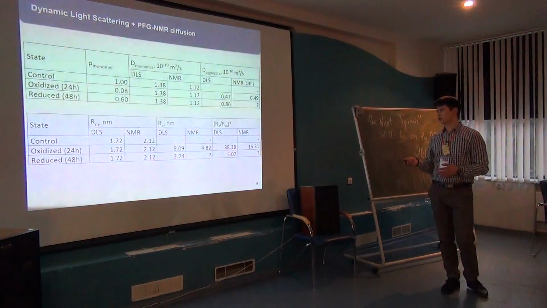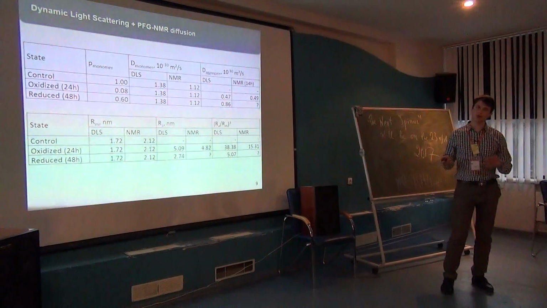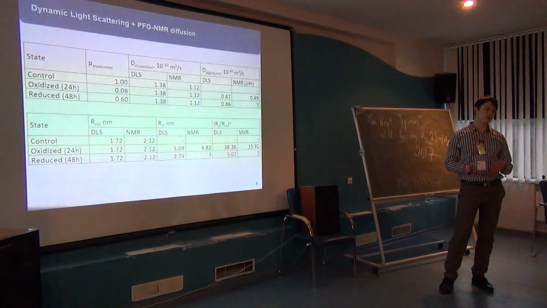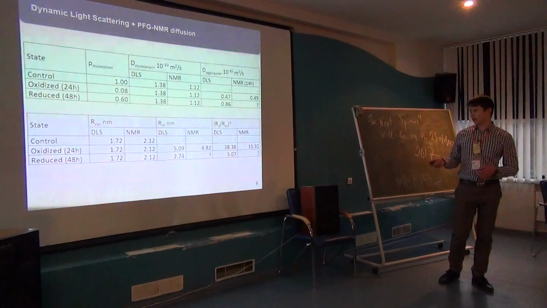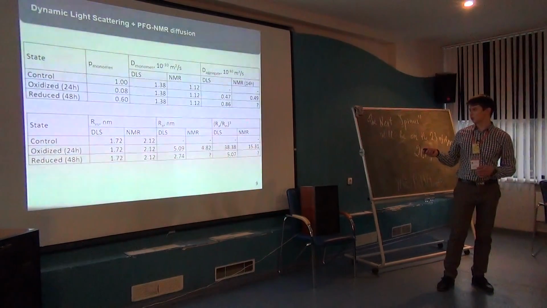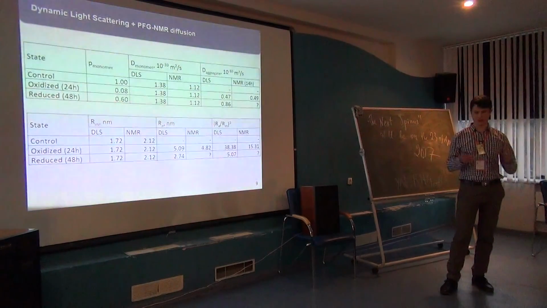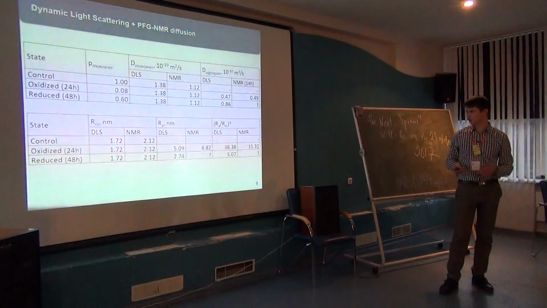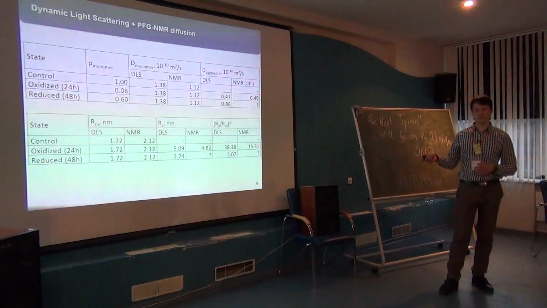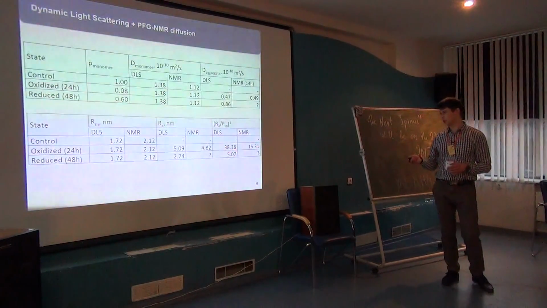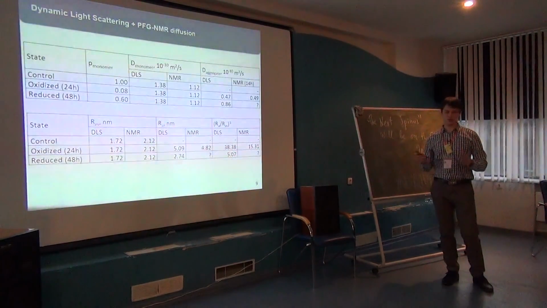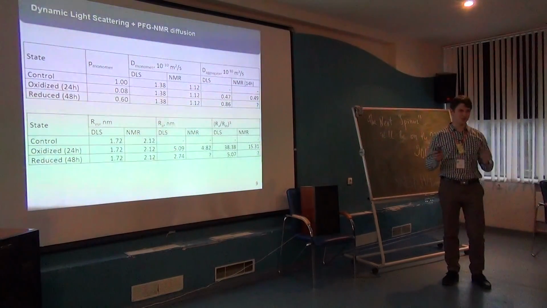One of the interesting results here is that we tried to estimate the amount of monomers in aggregate particles from DLS and NMR data. From NMR we have 15 particles, and from DLS we have 40, and it means that the reality is somewhere in between.